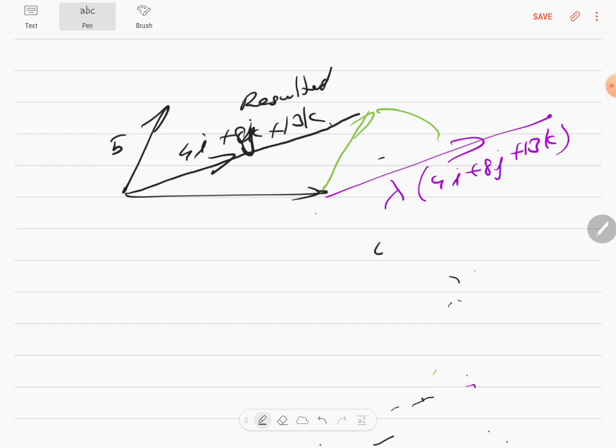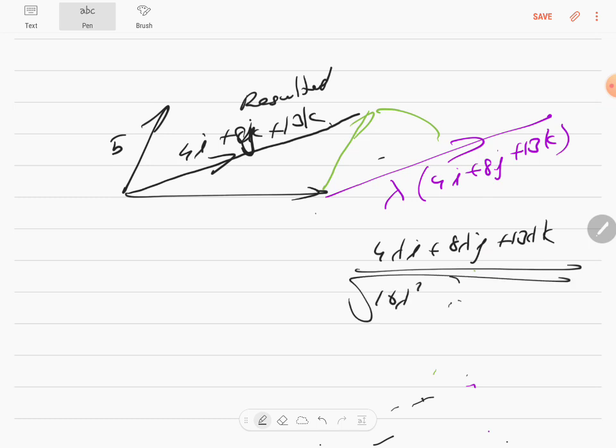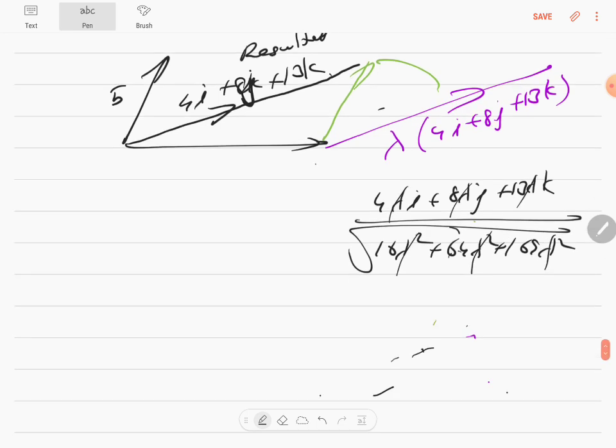So that vector is 4 lambda i plus 8 lambda j plus 13 lambda k, divided by the magnitude, which is the root of 16 lambda square plus 64 lambda square plus 169 lambda square, where the lambda comes out of the root and gets cancelled. You can't take the root of each term separately, you have to add everything first. So it's 4i plus 8j plus 13k.